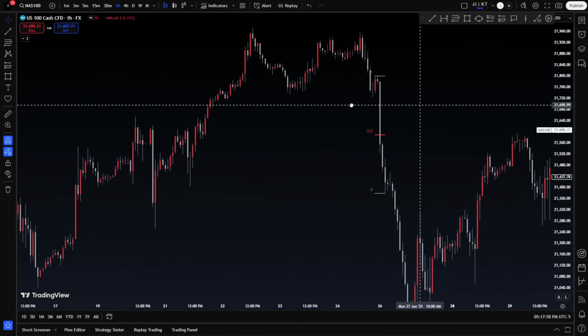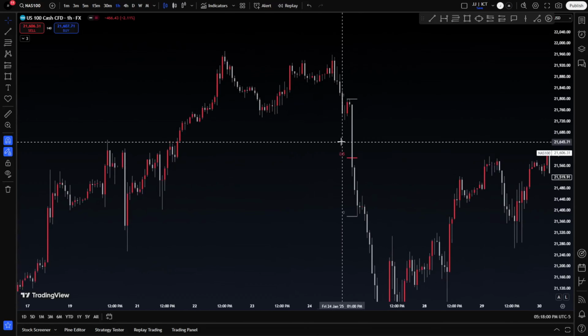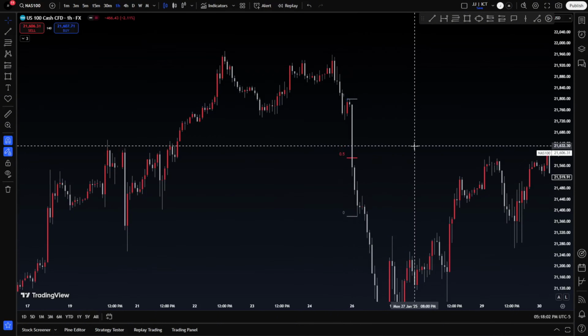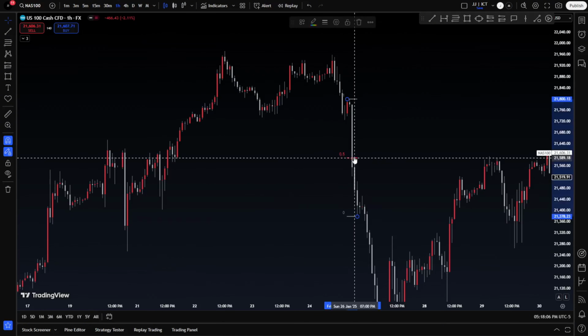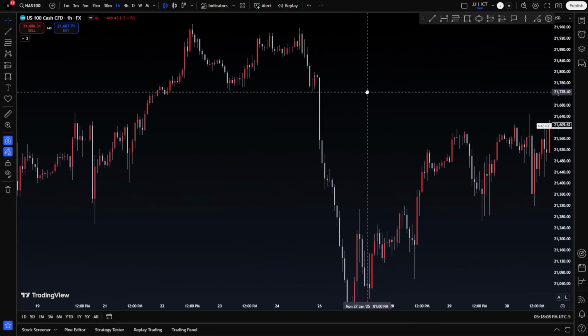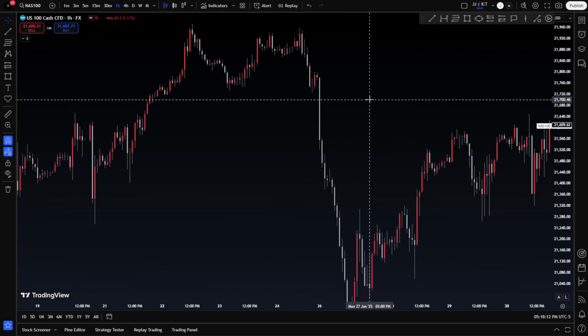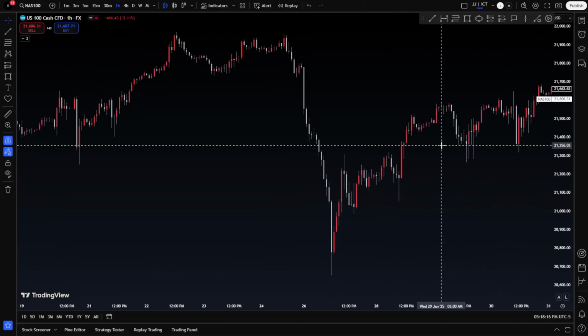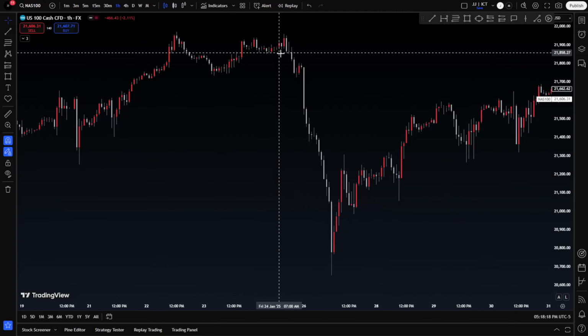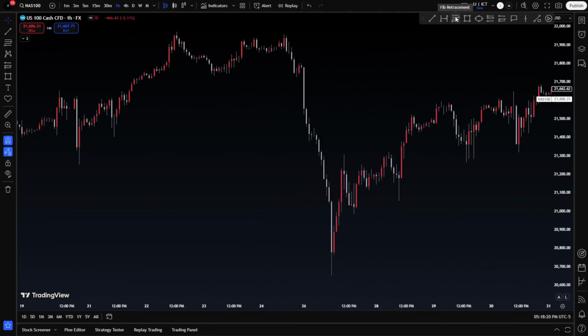I guess you could say it was, but no, it wasn't. In reality, what did it do? It only took out sell side liquidity. So we want to look for price to take out buy side and sell side. And from that point that it purges buy side and sell side, the lowest low and the highest high in between those two points, you draw your range, and that's how you get it.